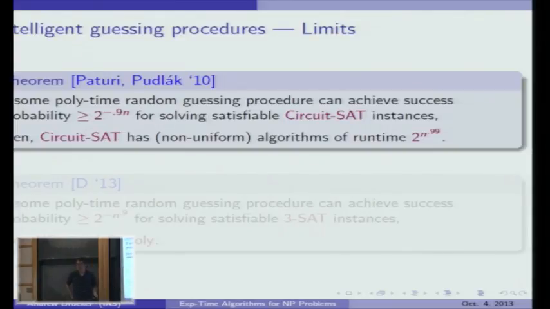So a more radical exponential improvement than you would naively expect. So this is, I think, a surprising and interesting result. There's a catch that circuit SAT is a harder problem, and that these algorithms are non-uniform. But it's the flavor of what I was asking for.